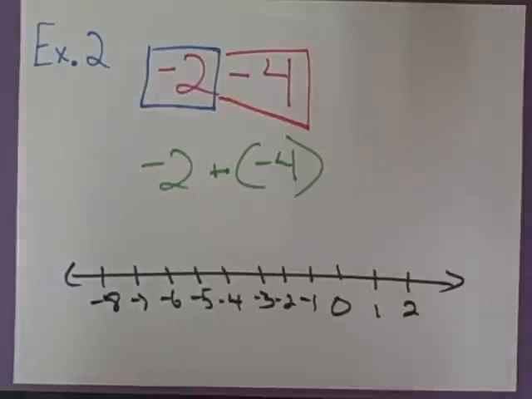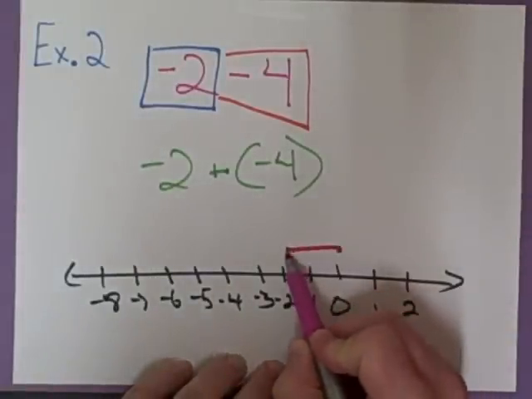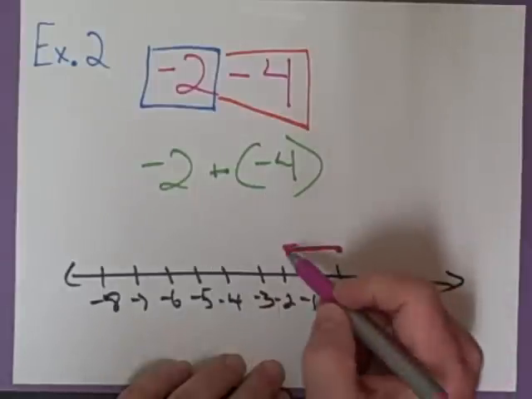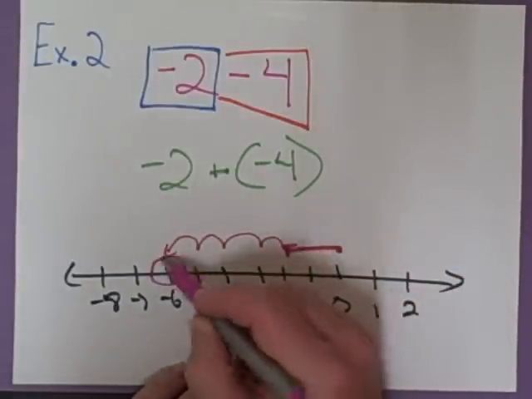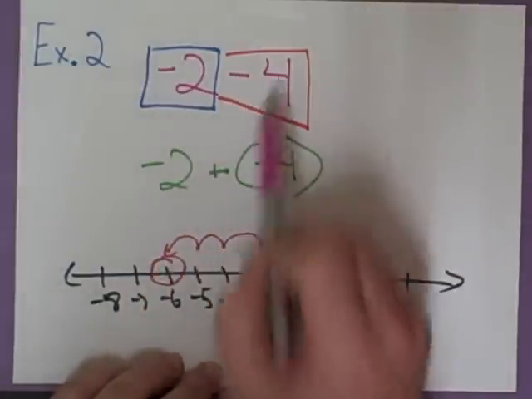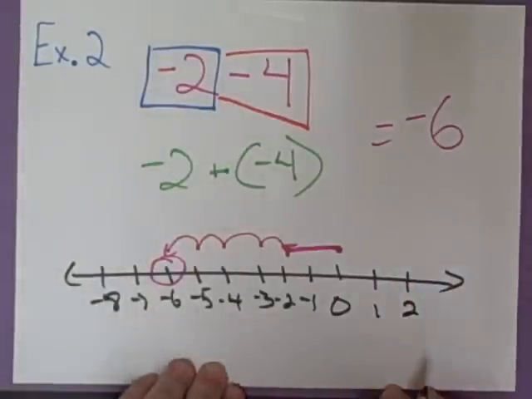Okay, if we start at 0, it tells us to go negative 2. So here we are at negative 2. And then we're going to add another negative 4. So it's 1, 2, 3, 4. And here we are at negative 6. So negative 2 minus 4 is negative 6.